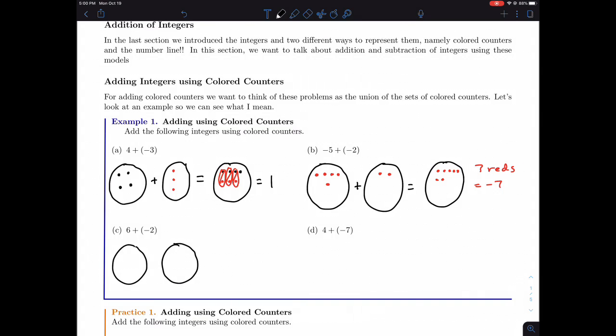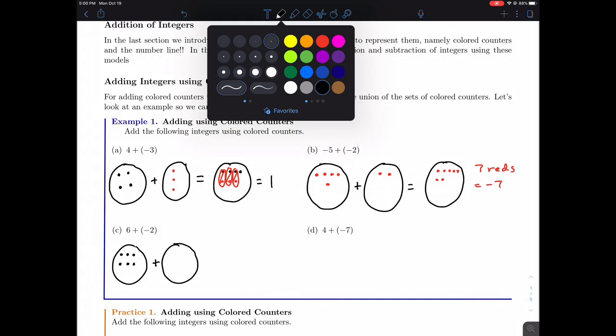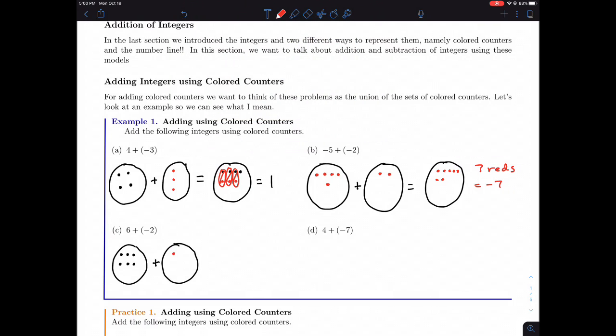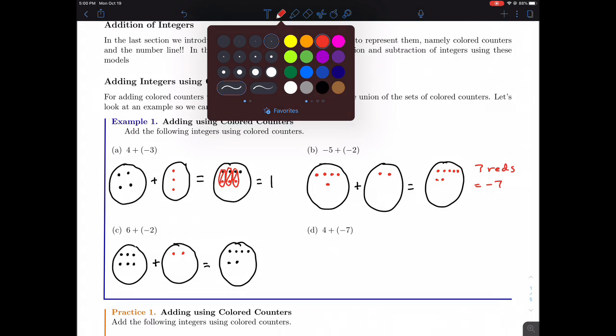Positive 6 means I want to have 6 black dots in the first set. Negative 2 means I want to have 2 red dots in the second set. And so again, union these together. That just means bring them all into one big circle. So I've got 1, 2, 3, 4, 5, 6, and then bring my 2 reds over.